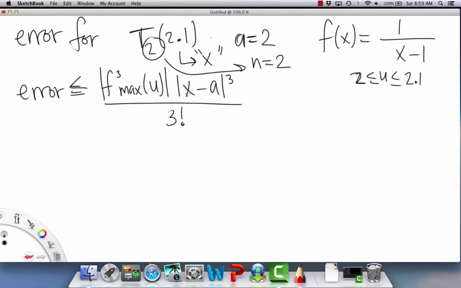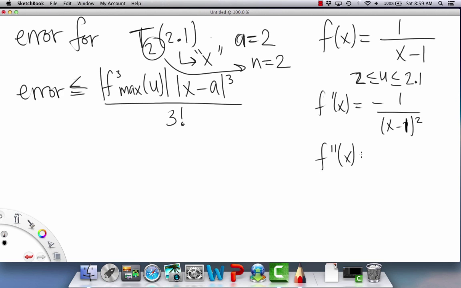Okay, so we know our x, we know our a, we need to find our f to the third. So let's find f to the third. We have f prime of x is equal to negative 1 over x minus 1 squared.